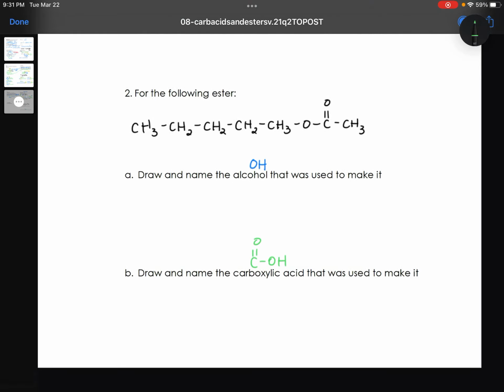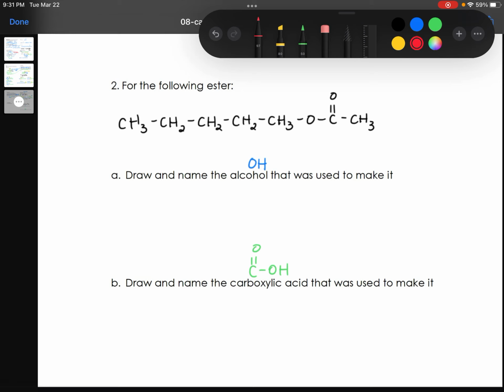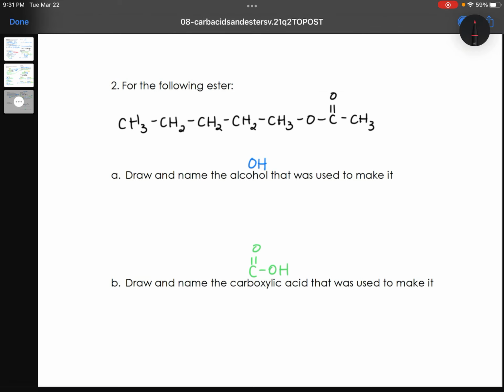Sometimes these questions bother students because they're like, what? How do we know? Or don't you have to add water? So yes, that's basically what we're doing here.